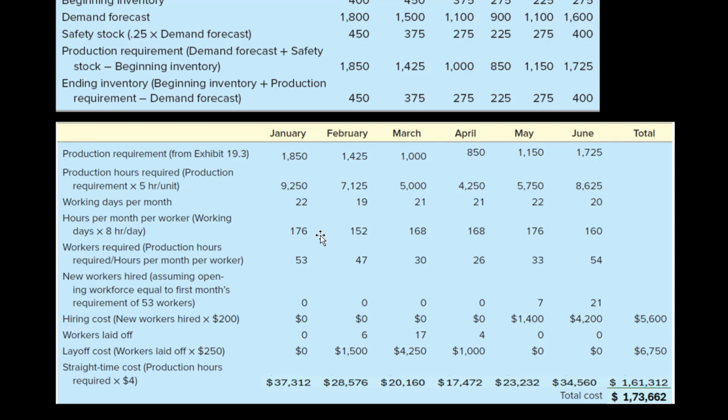So if you employ one worker for 22 days in Jan, you are going to get 176 hours. But what you want is 9250 hours.